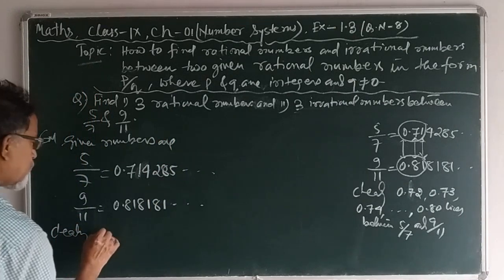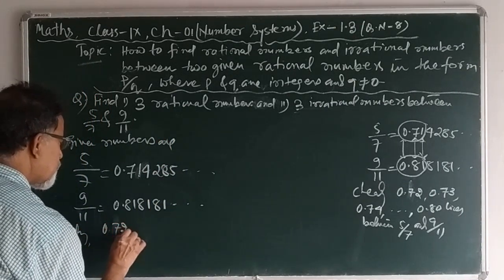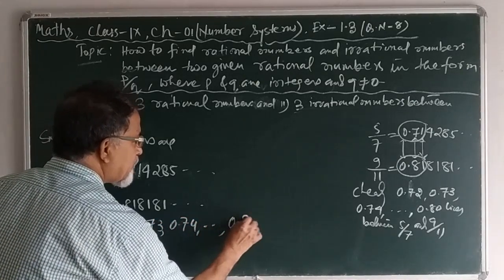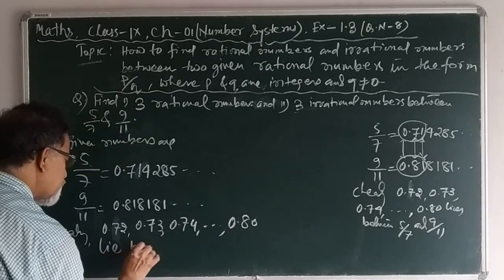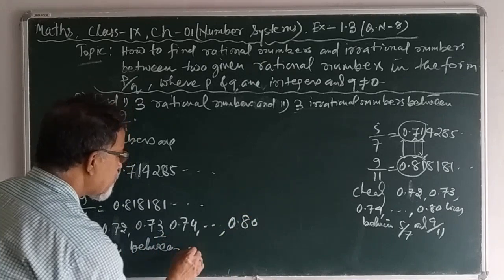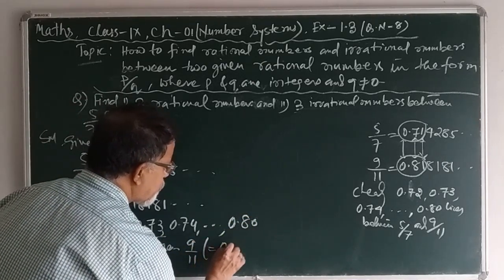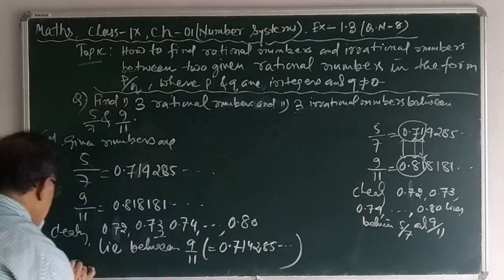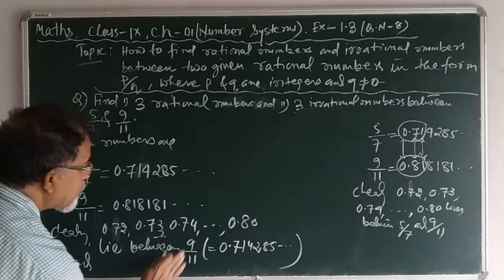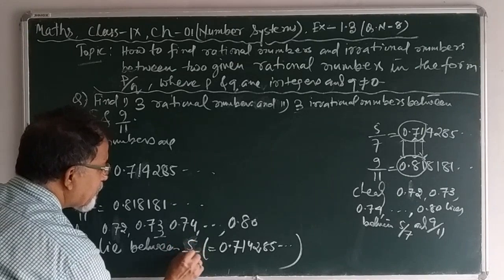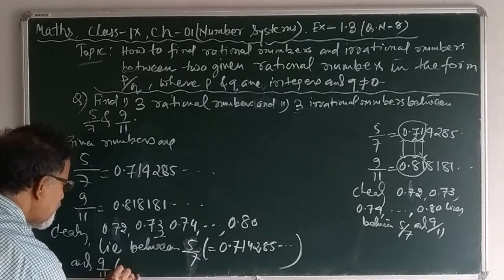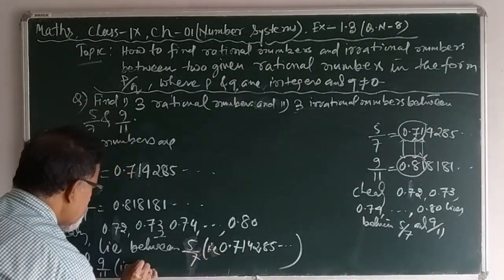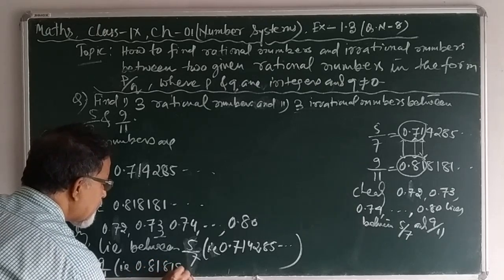Clearly, 0.72, 0.73, 0.74 dot dot dot 0.80 lie between 5 by 7, that is equal to 0.714285 dot dot dot, and 9 by 11, that is 0.81 81 81 dot dot dot.